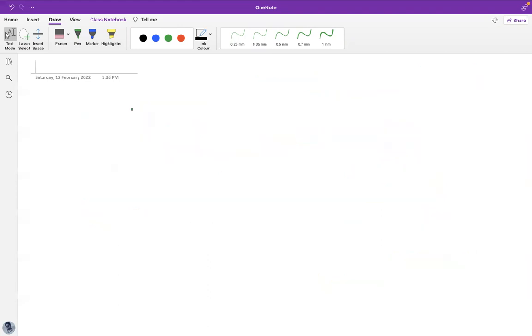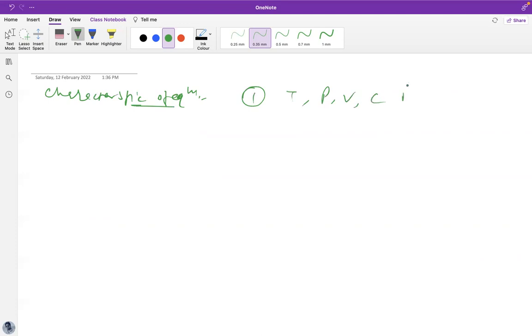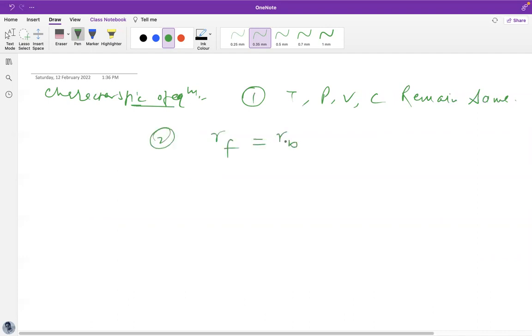Okay. So now I'm going to talk about characteristics of equilibrium. At the very first point, I already told you temperature, pressure, volume, and concentration remain the same. And second point is the rate of forward reaction is equal to the rate of backward reaction.